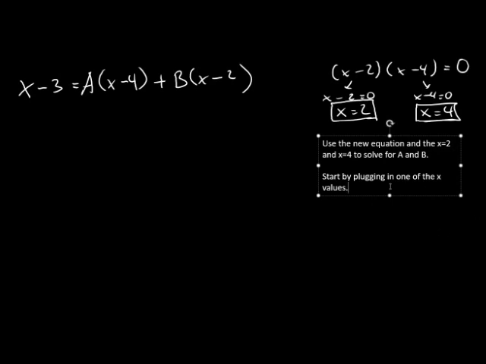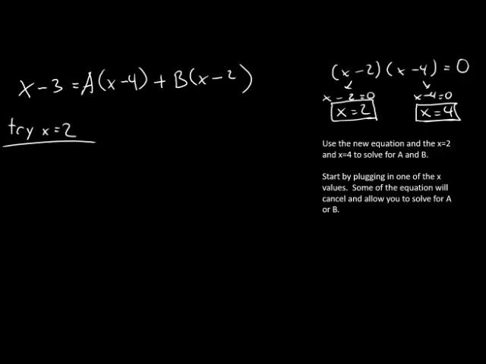When we plug in one of the x values, what we're going to find is some parts of this equation will cancel, and it will allow us to solve for either A or B. We're going to start by trying x equals 2. We'll rewrite our equation, then replace all of the x's with 2. Every position that was x, I have now replaced with the number 2.